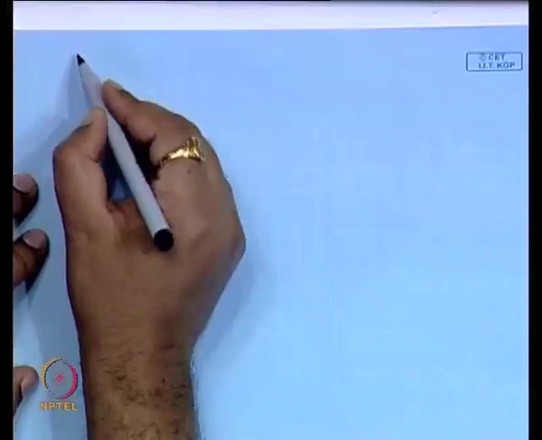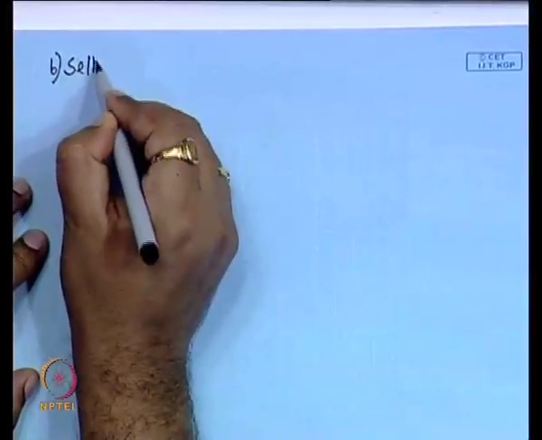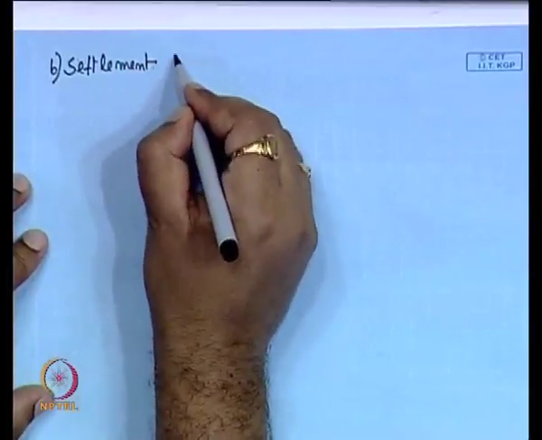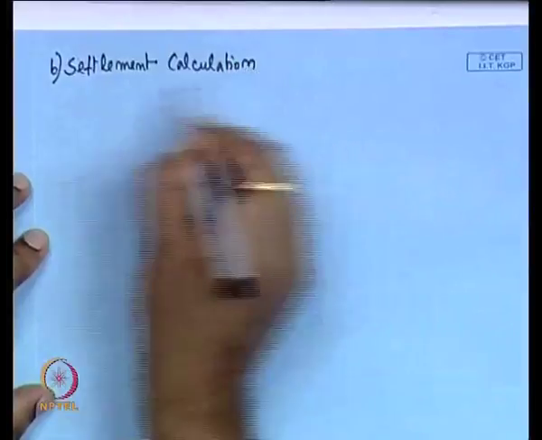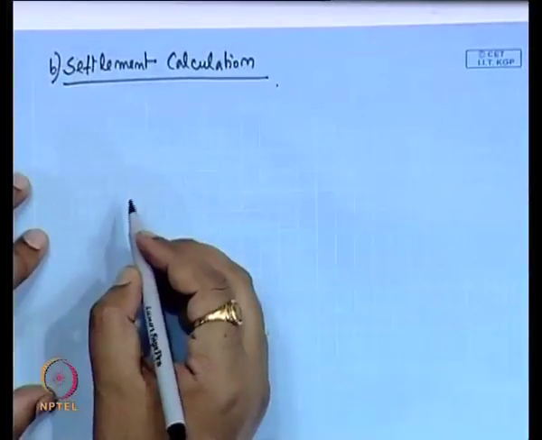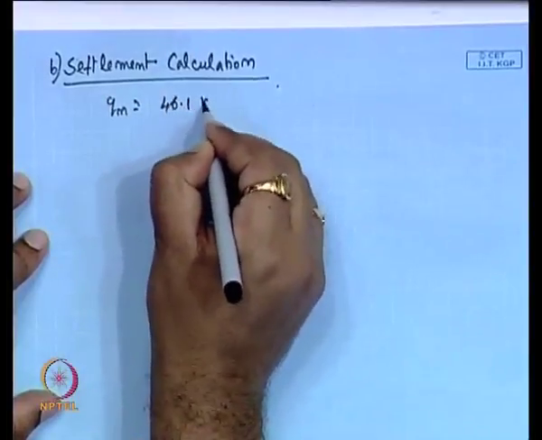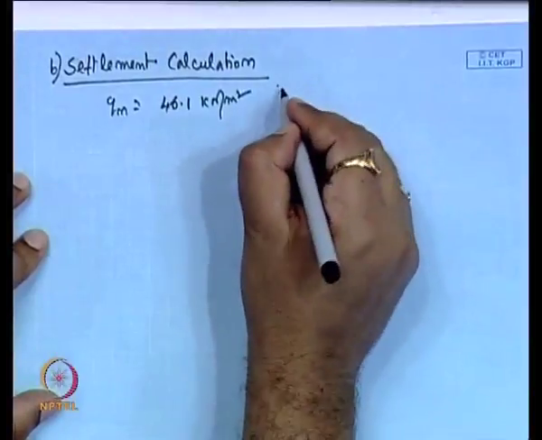So, for the settlement calculation, Q n is 46.1 kilonewton per meter square. First, we will calculate the immediate settlement.